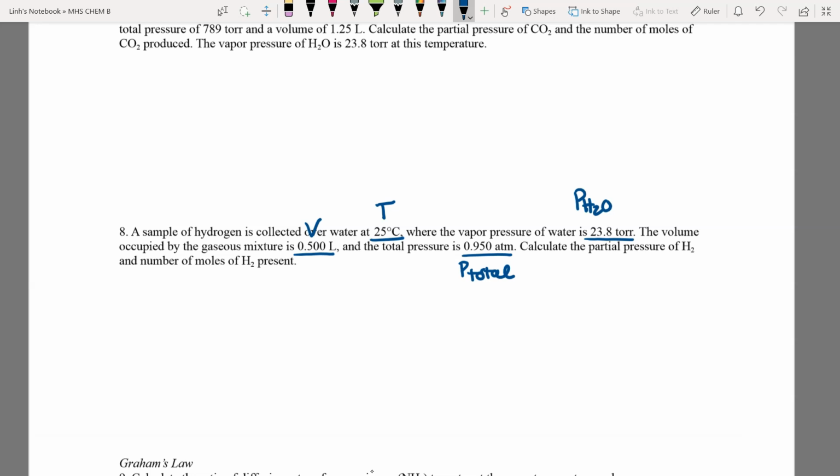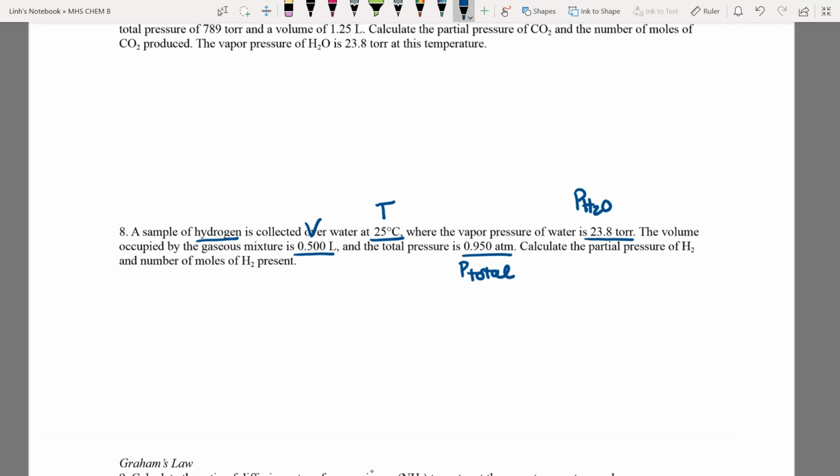Now remember that when we were doing the little contraption and when you collect the gas in a tube, the tube always contained both hydrogen, or in this case hydrogen, or any gas that we're trying to collect, and water vapor. That's why we have to use Dalton's law of partial pressure to figure out the partial pressure of that gas, because we're only interested in that. We're not interested in the vapor pressure of water.